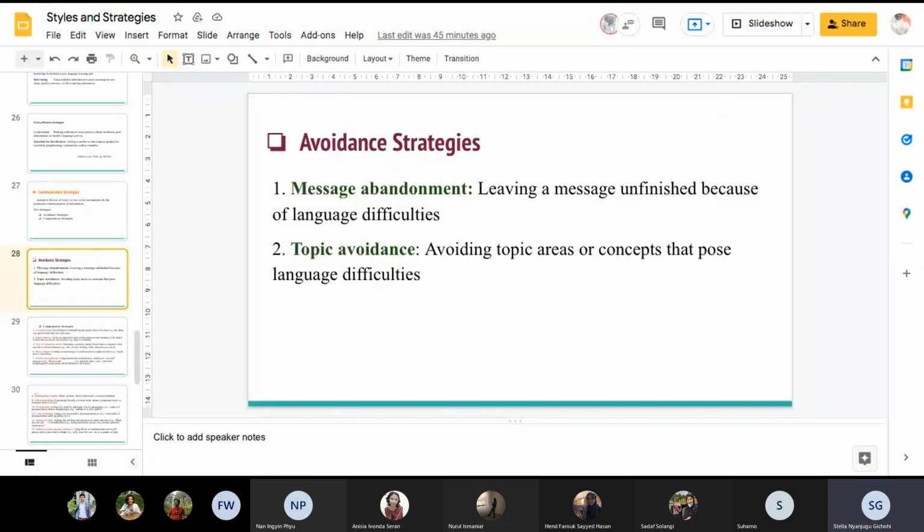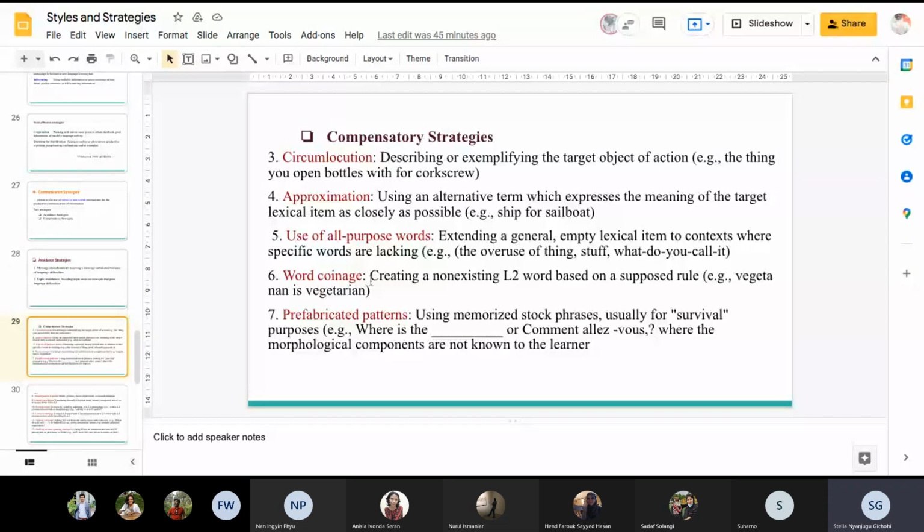So that's one. Then you have the compensatory strategies. You compensate because you know that at some point you are not able to know all the words. Of course, when a learner is learning a second language, they're not able to know all the words. So sometimes, if they don't avoid, they compensate.